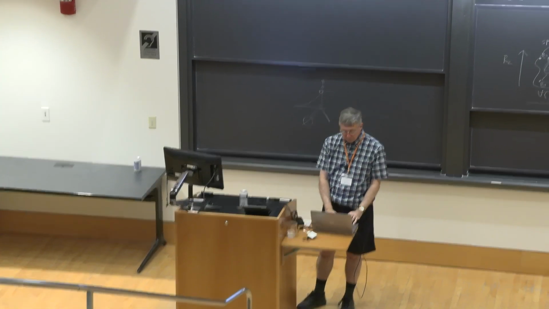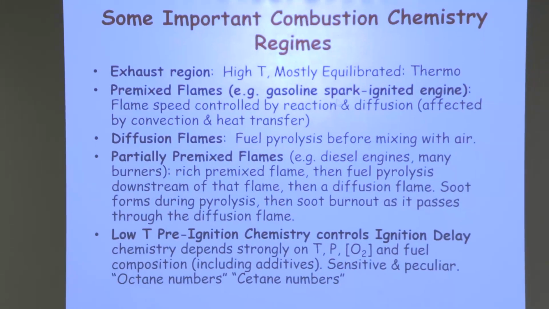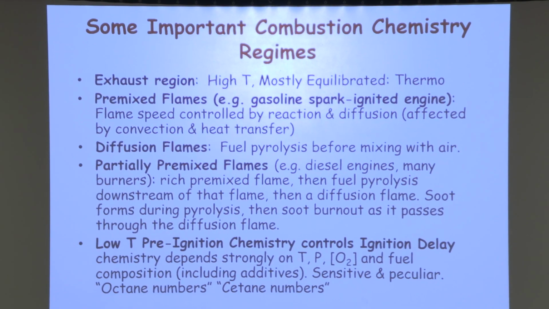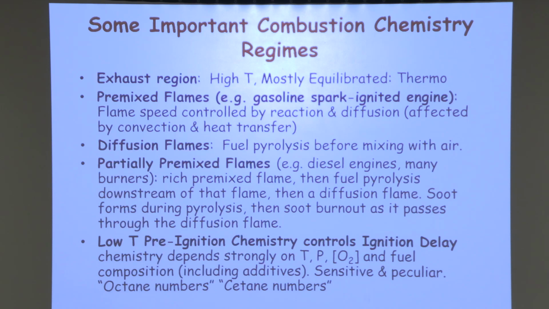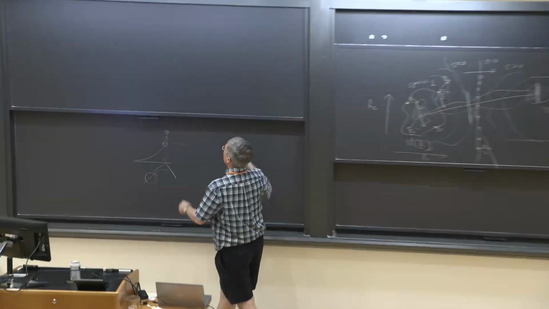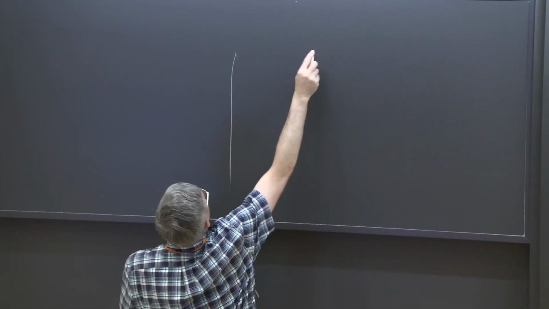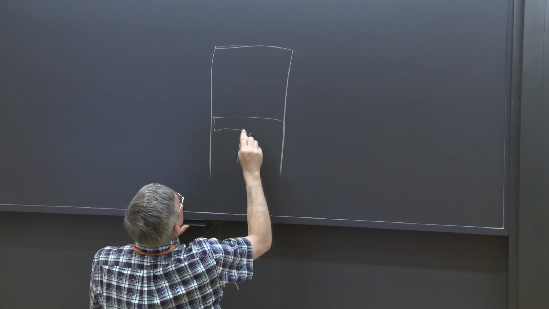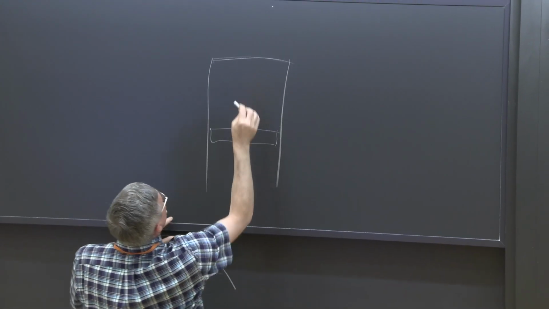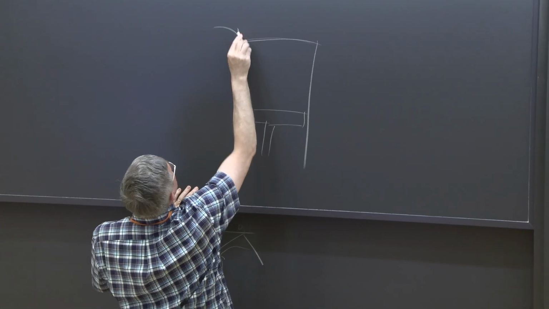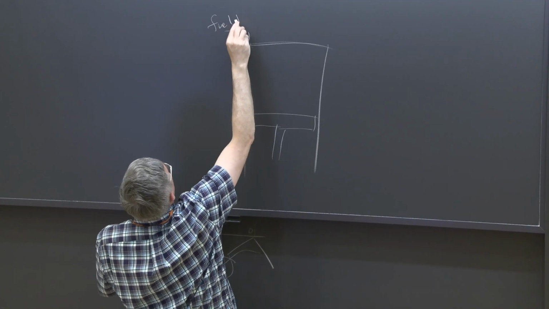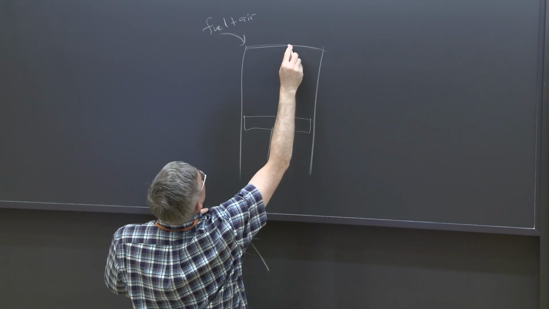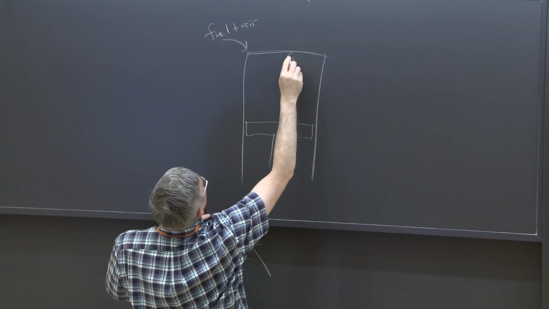You can have premixed flames, like in a gasoline engine, where a flame front propagates and you have fuel and air mixed. Let me draw a little picture. In your gasoline engine, there's a piston. Here we have fuel and air, all mixed up together. And you have a spark plug, and a little spark comes out.